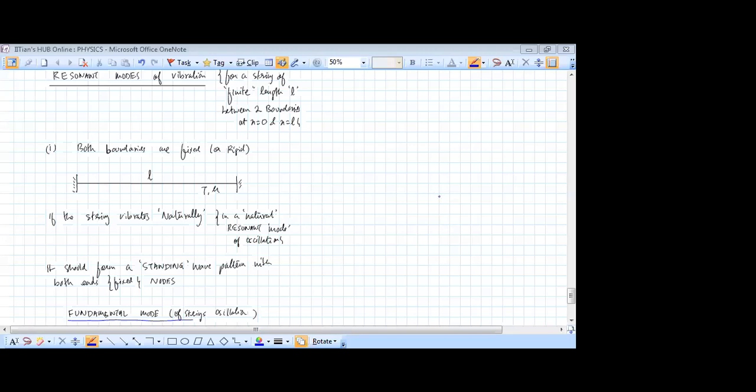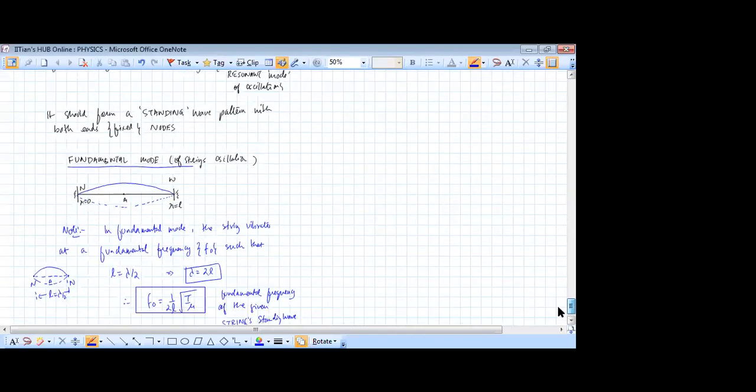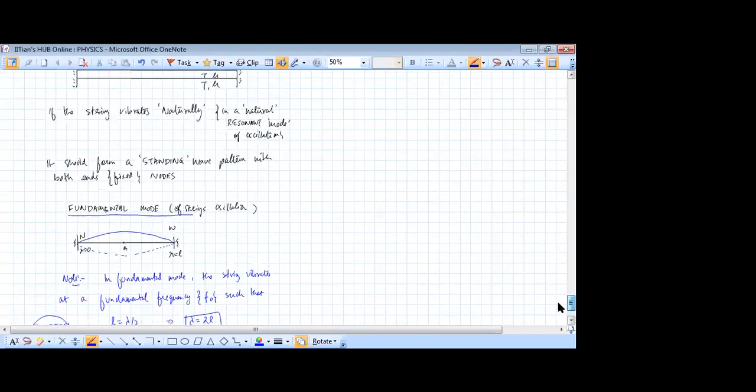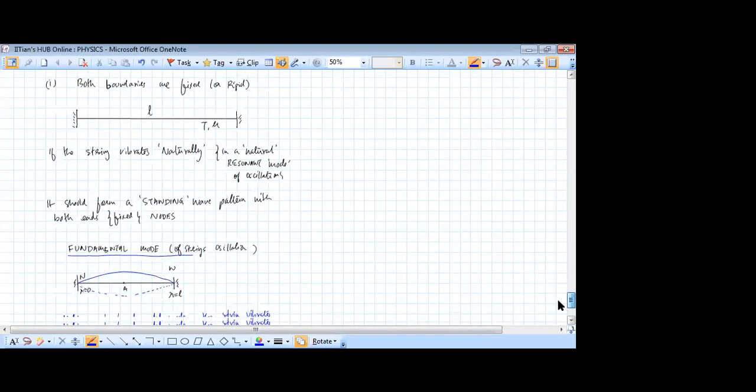Just give it 2 minutes for some of the students to join back. In the meantime, you just go through this section and note down from this part.